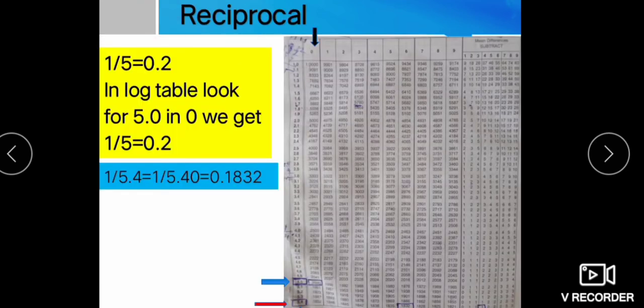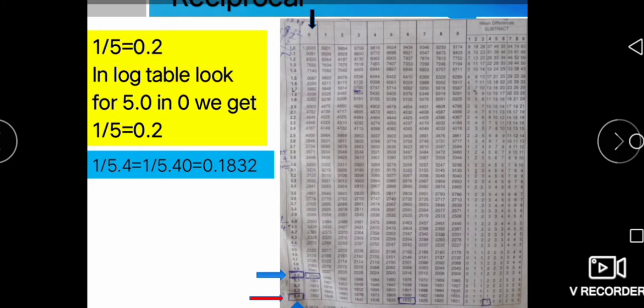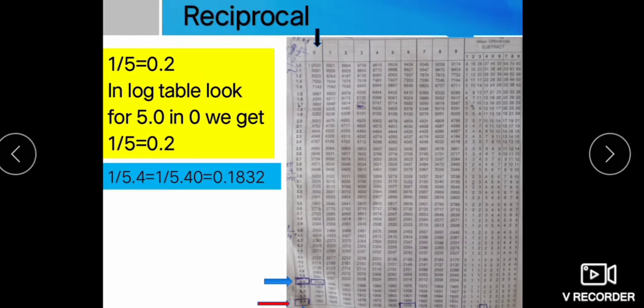Let us discuss how to see reciprocals. We know that 1 upon 5 is 0.2. But how much is 1 upon 5.1, or 1 upon 5.4? We can see it in the log table.